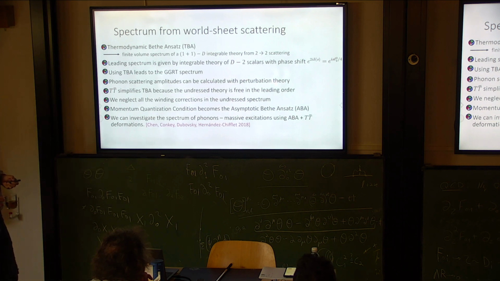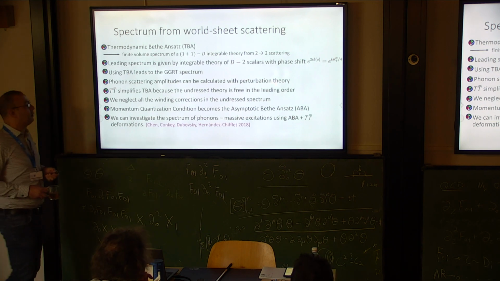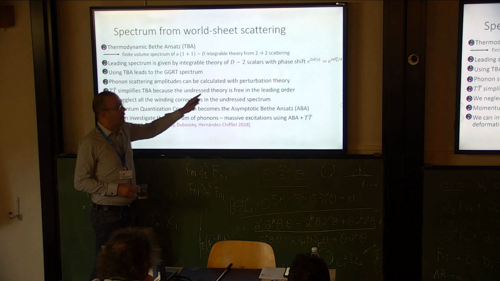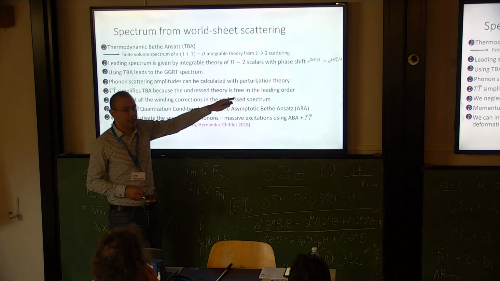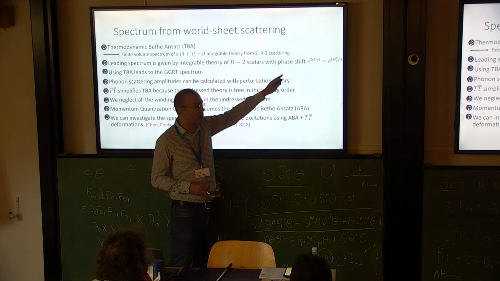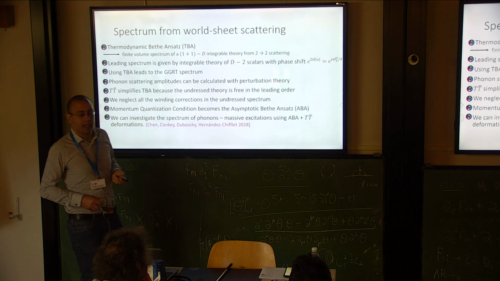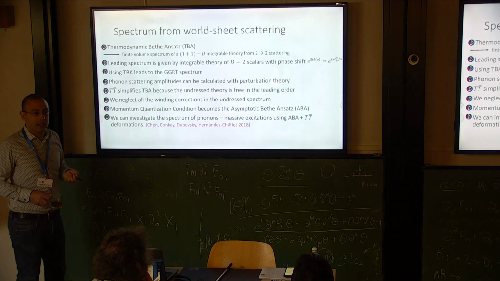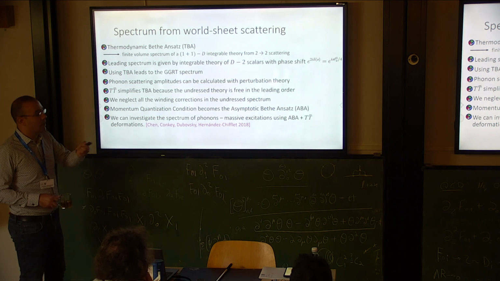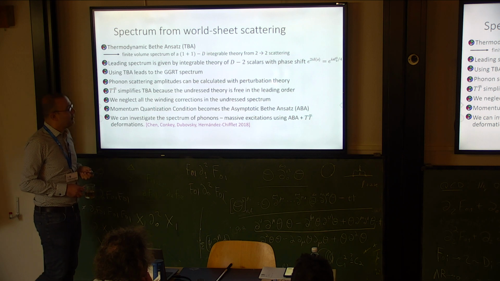Now, the phonon scattering amplitudes can be calculated with perturbation theory. By diagonalizing the S matrix in this theory, one can extract the phase shift for spin 2 states, spin 0 states, scalar states, as well as the pseudoscalar states.